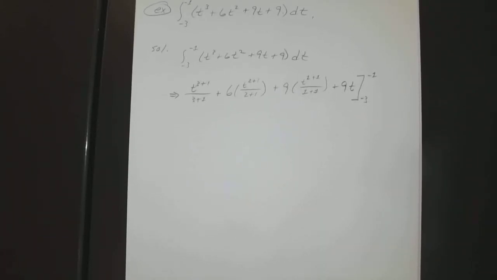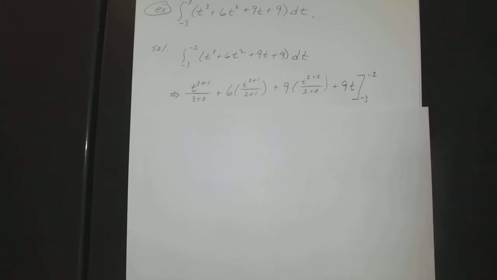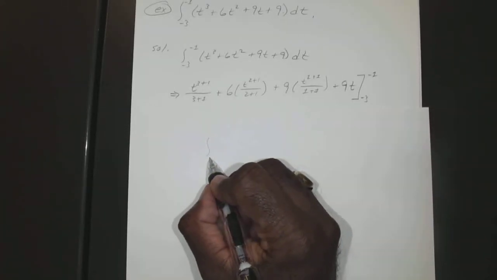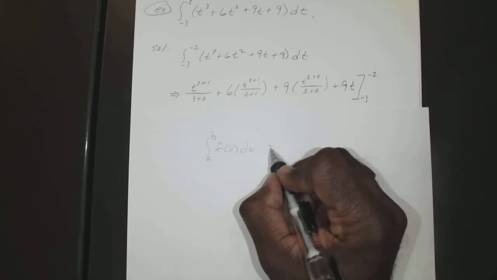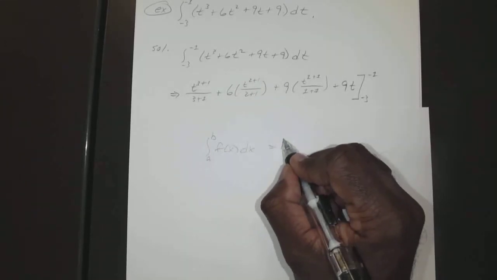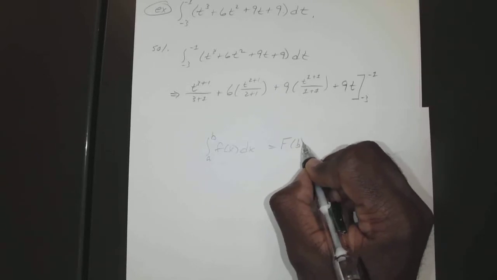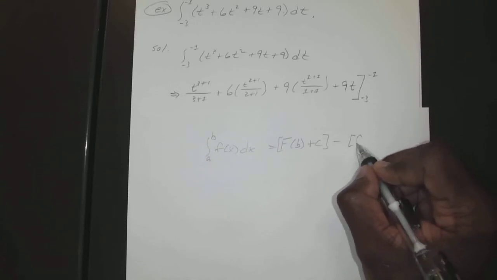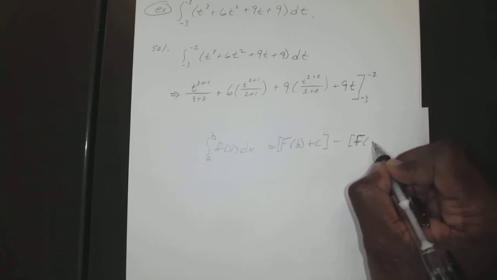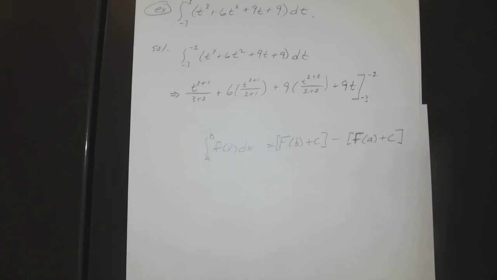What's the constant? Actually, you don't need a constant when doing definite integrals because you're subtracting one from the other. Let me give a quick example why. If you have the integral from a to b of f of x, and let's say you did put in the c, it would be F of b plus c minus F of a plus c, with F uppercase.